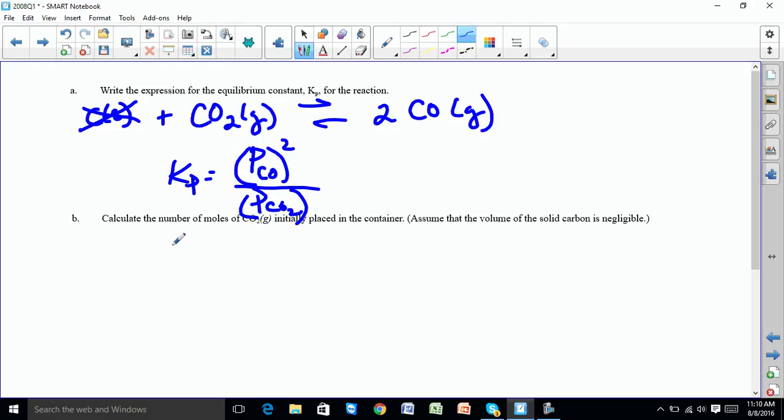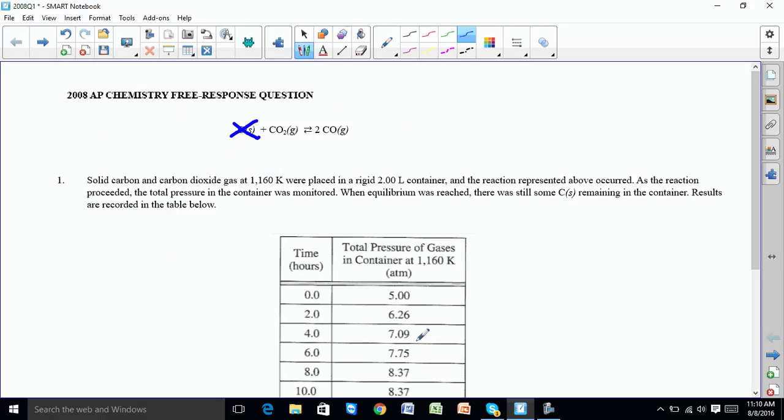Calculate the number of moles of CO2 initially placed in the container. This is the most important gas law equation, and n is the number of moles. So n equals PV over RT. The only thing that's kind of tricky here is that initially means at time 0.